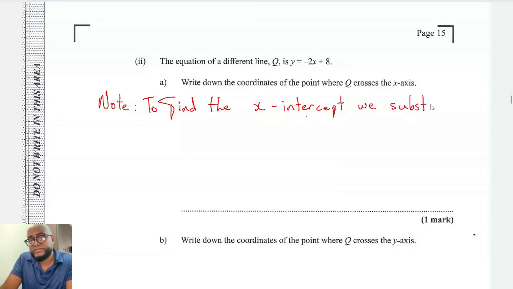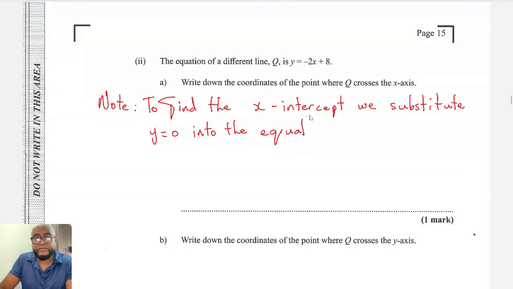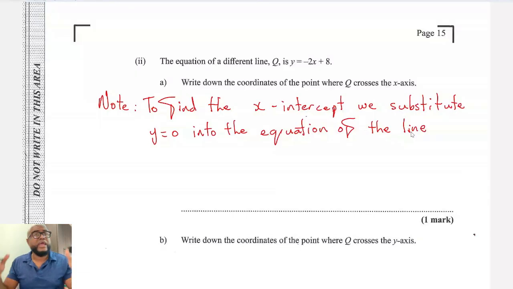We substitute y is equal to 0 because on the x-axis, y is equal to 0 into the equation of the line. So anywhere, all of you watching over the video, hear this loud and clear: anywhere on that x-axis, y is equal to 0.